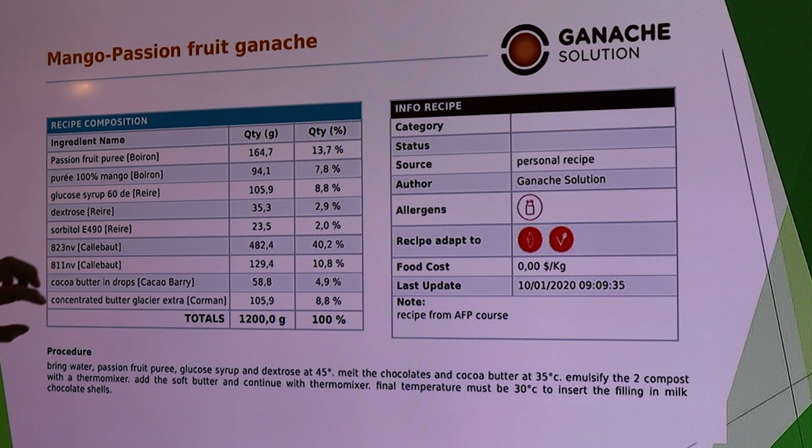This part is actually keeping the water and giving the texture, giving the balance in this recipe. But anyway, I have a very nice taste of especially passion fruit and mango in this recipe. This is only an example.